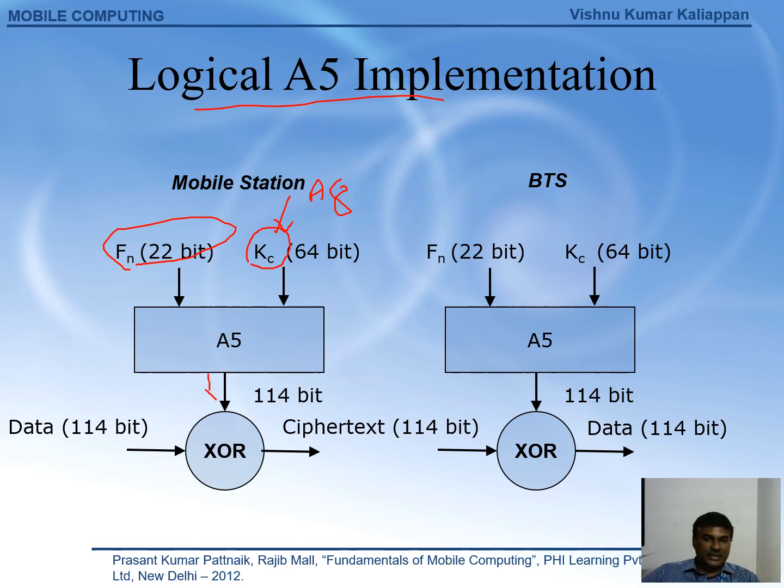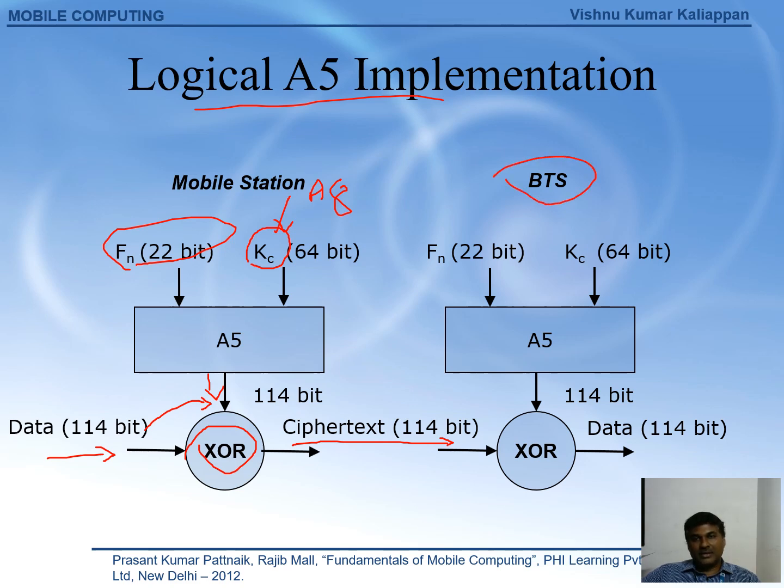It will generate a 114-bit key, and this key is used to XOR the data. The data is 114 bits. Once the data is XORed with this 114-bit key generated by A5, the 114-bit cipher is generated and sent to the BTS, the base station.